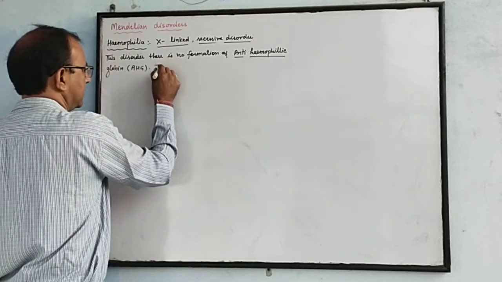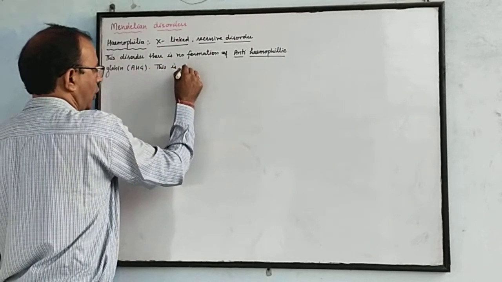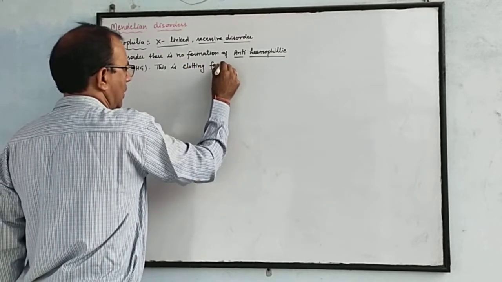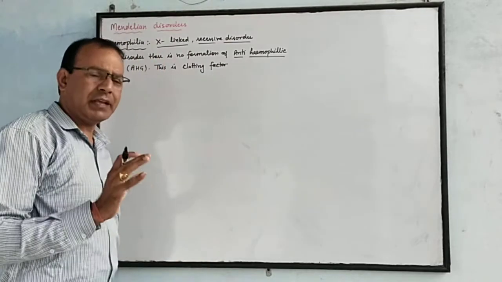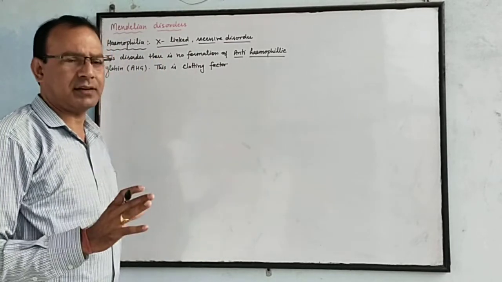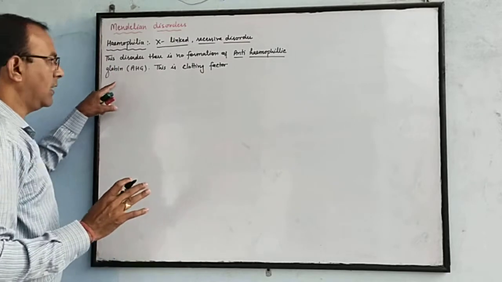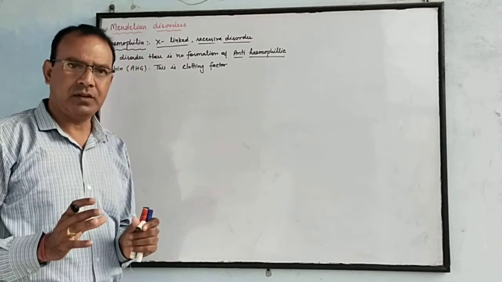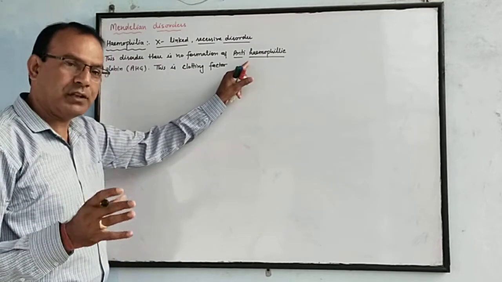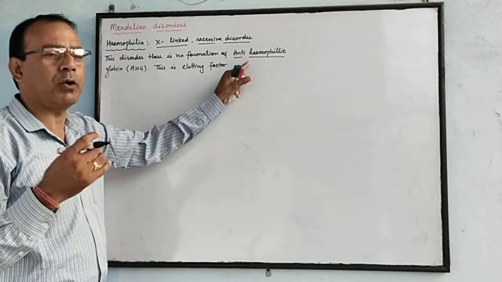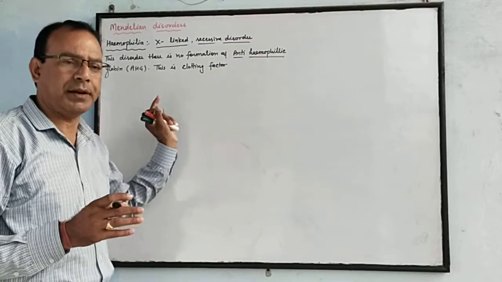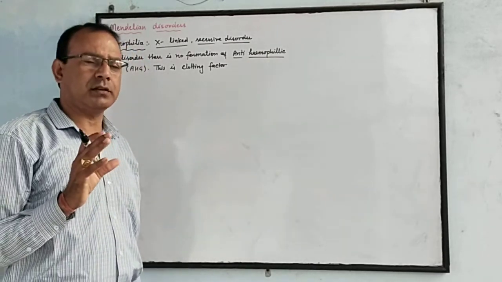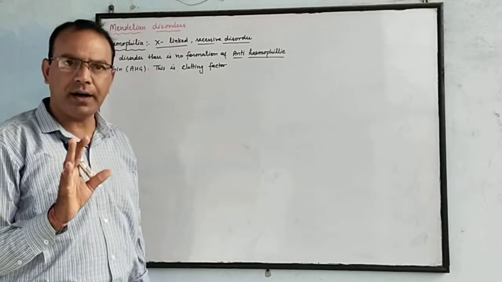This is the clotting factor. If there is any injury, the bleeding starts. After some time, anti-hemophilic globin makes the clot and stops the bleeding. But if there is a lack of anti-hemophilic globin, there is no stoppage of bleeding, and the person will die suffering from anemia.